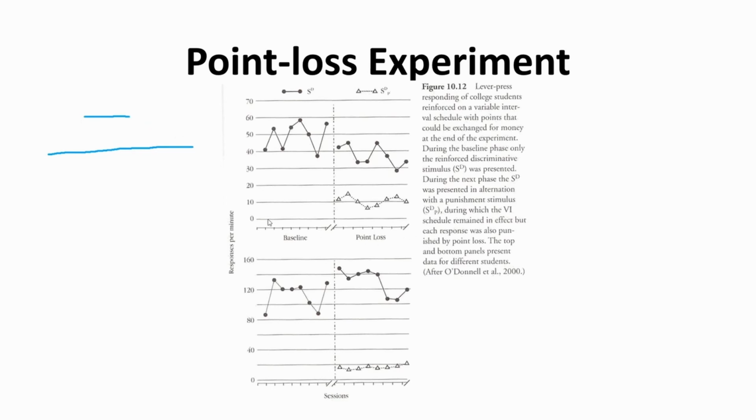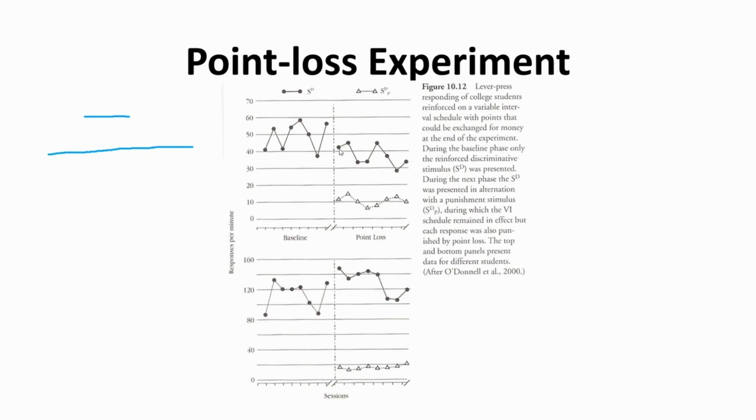And now they're exposed to both our original discriminative stimulus, the one that is reinforced on a variable interval schedule, but now we also introduce our second stimulus, our punishment stimulus. And if they respond to this punishment stimulus, now they lose points. So we're introducing that punishment aspect because they're losing something that was good.